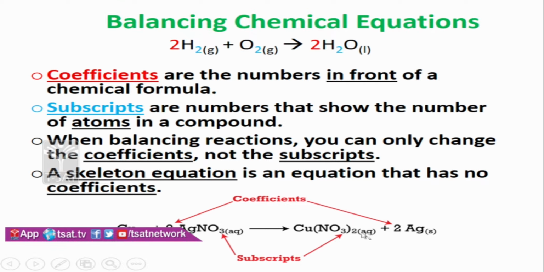See NO3. If you take NO3 as a unit, on the left hand side and right hand side the same unit is mentioned. So, NO3 should be taken as one unit while balancing the equation.